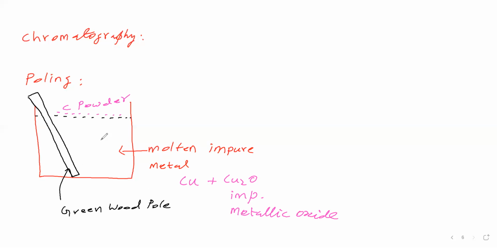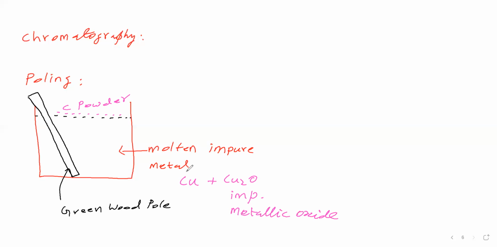What is the necessity of the carbon powder? The metal will not go for atmospheric air oxidation. Due to the carbon powder, it is not in contact with atmospheric air, so it cannot oxidize. So this method is used for converting the impurity, the metal's own oxide, into metal.